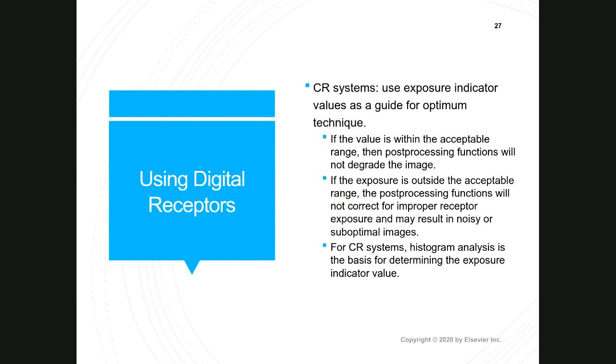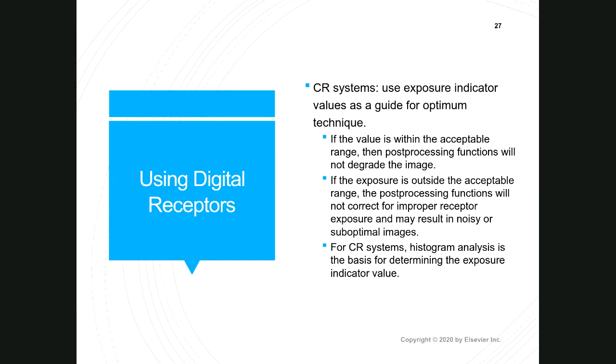So meaning if you have an image that did not have enough exposure, you were on the negative side and it was like negative orange or negative red, you are going to exhibit quantum noise, and there's nothing that adjusting the window level or the window width is going to do to help you. It's just not going to happen. You're going to have to re-expose that patient. Okay, so if you're in the acceptable range, then post-processing is not going to degrade your image at all.